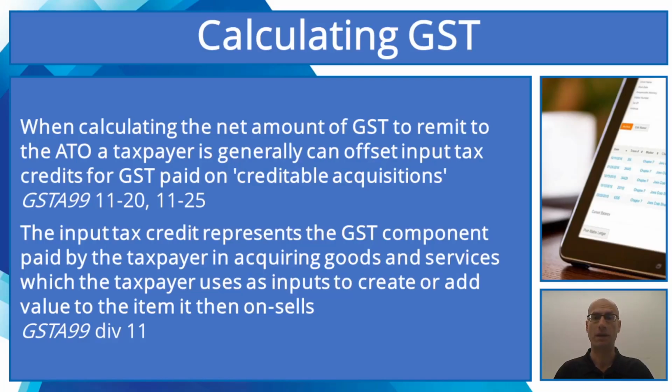And the idea being that the amount that you spend on these creditable acquisitions, 1/11 of that is going to be the input tax credit that you can then use to offset liability that you will incur when you charge GST and obtain that from your customers when you supply goods and services. Note that the difference between the amount you take in and the amount of credits that you receive from amounts that you've paid is going to be the amount which is either payable or possibly refundable in a particular GST period.